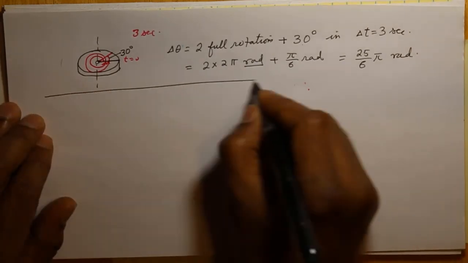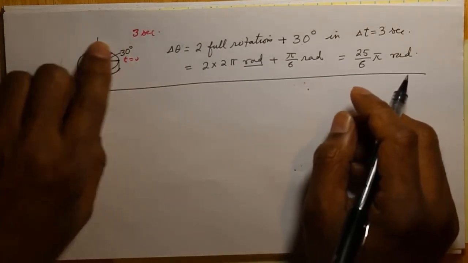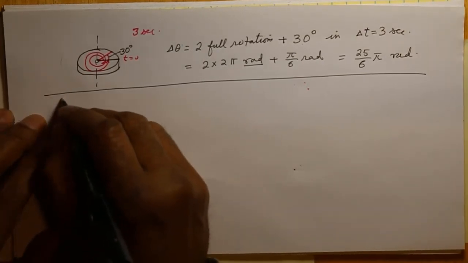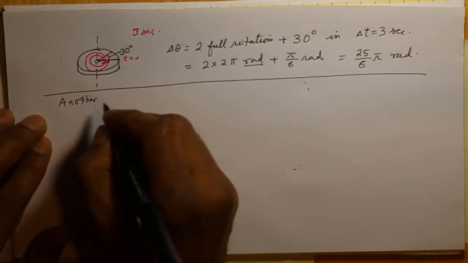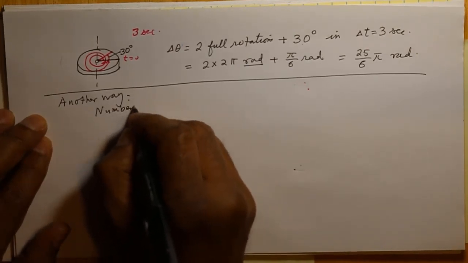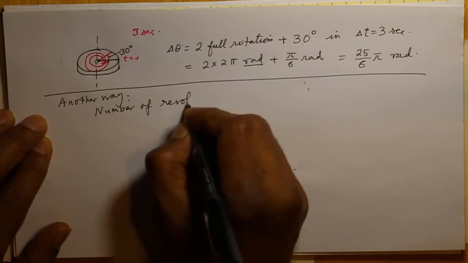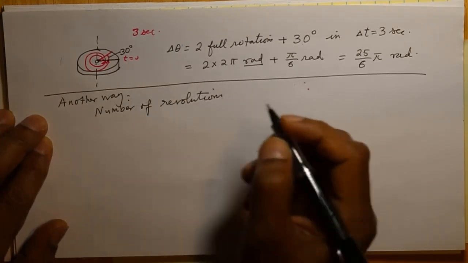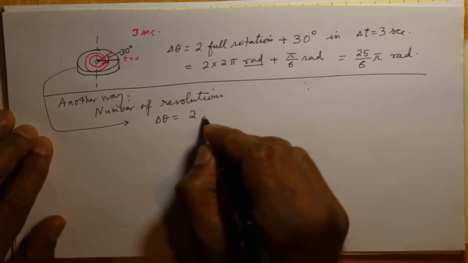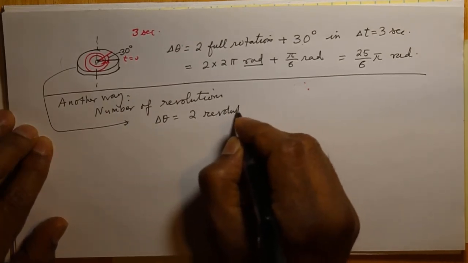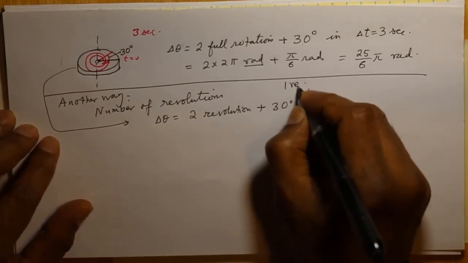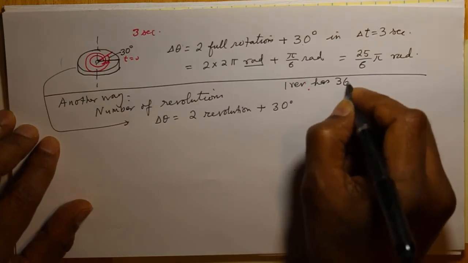Another way to write these angles is the so-called number of revolutions. So this situation will have delta theta is 2 revolutions plus 30 degrees. Well, 1 revolution has 360 degrees.